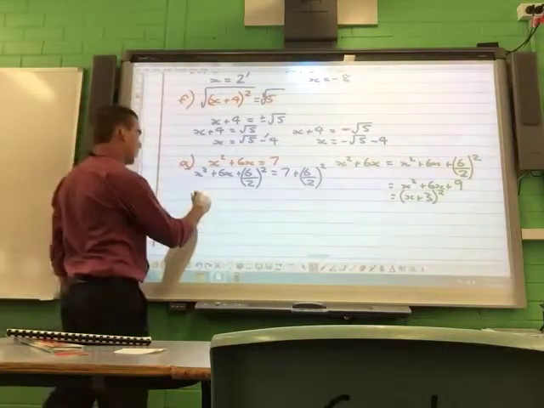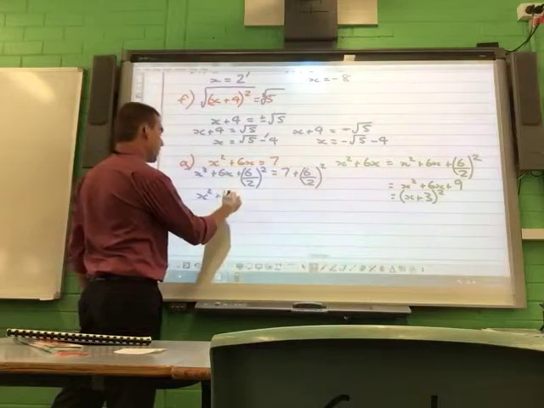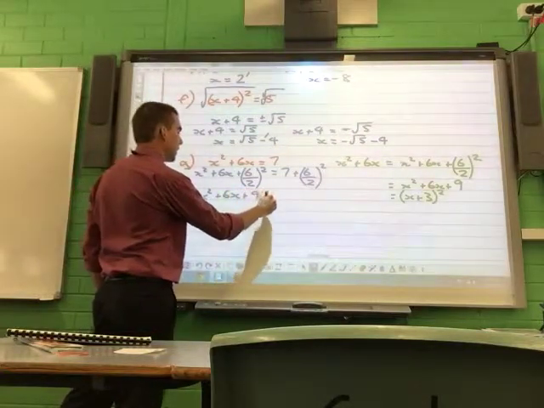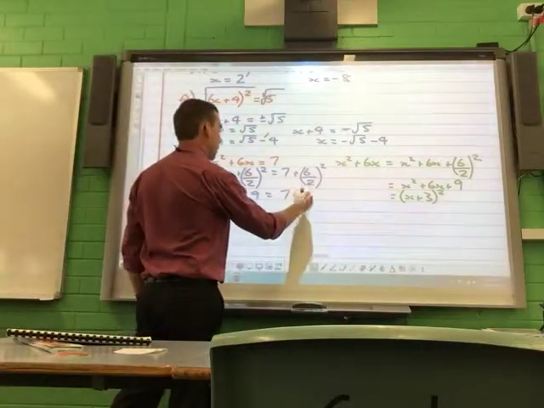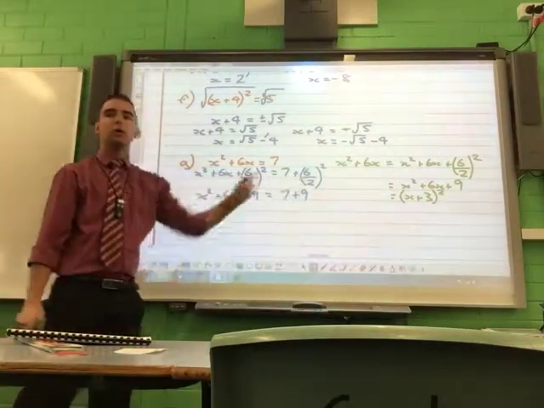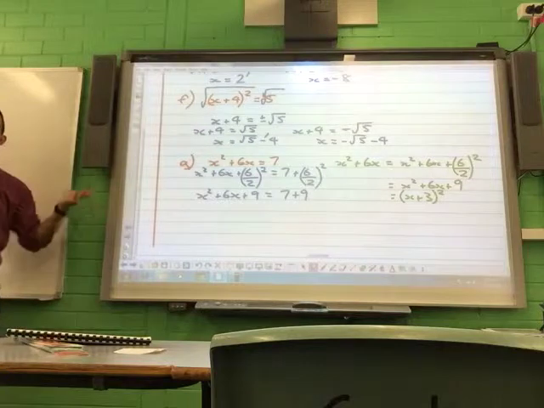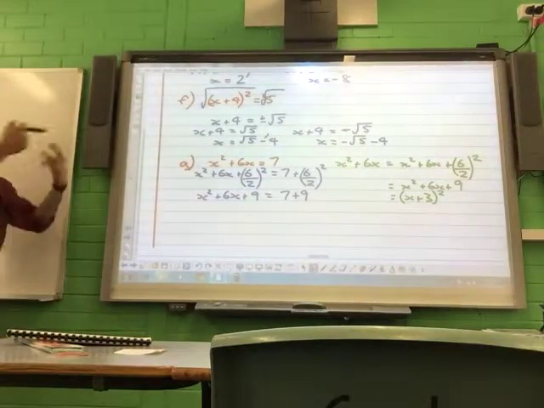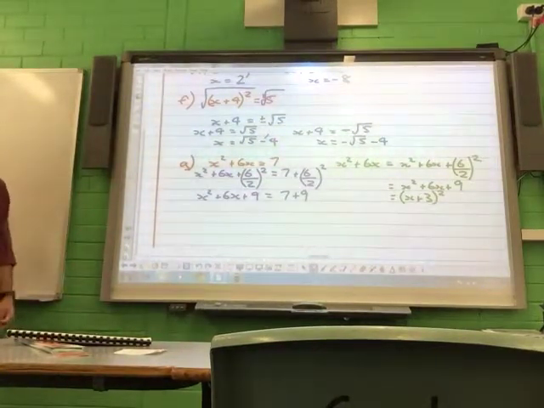So x squared plus 6x plus 9 is going to be 7 plus 9. So I'm adding 9 to both sides of the equation. It is still a balanced equation because I'm still doing the same thing to both sides of the equal sign.